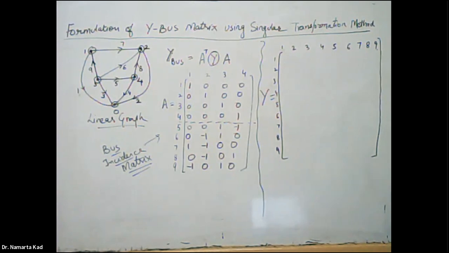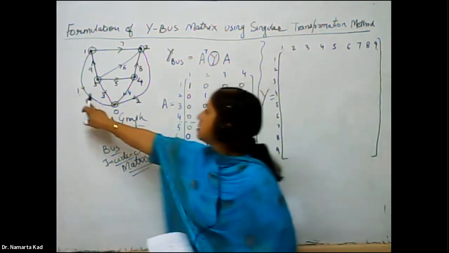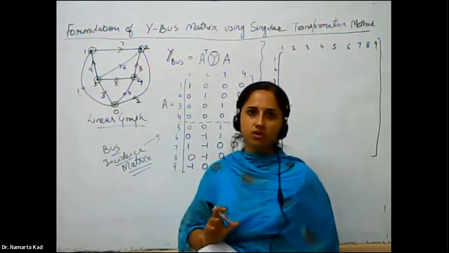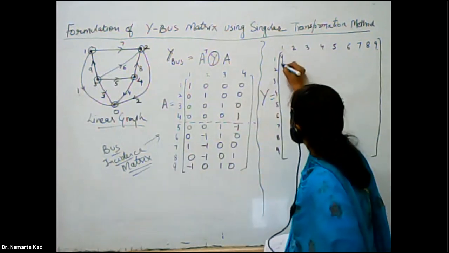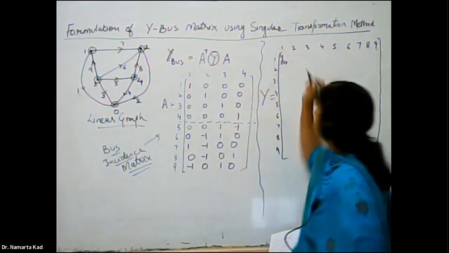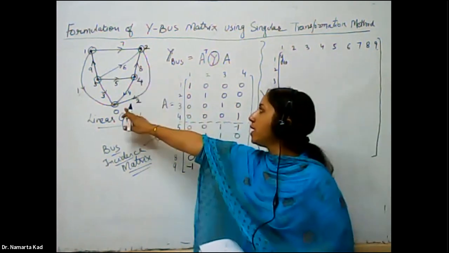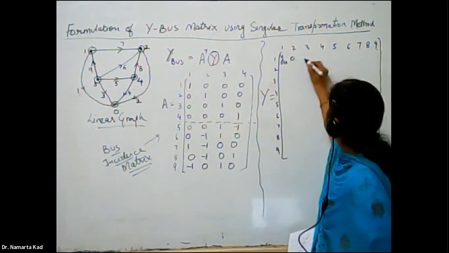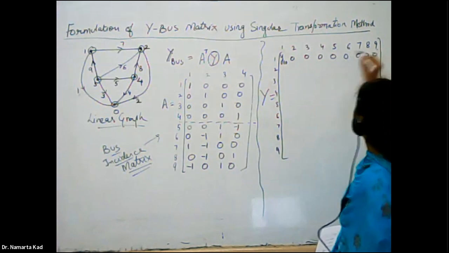Now in this, the first element is connected between node 1 and node 0, so the first entry of the primitive matrix we simply write as Y1 0, and the rest as 0.